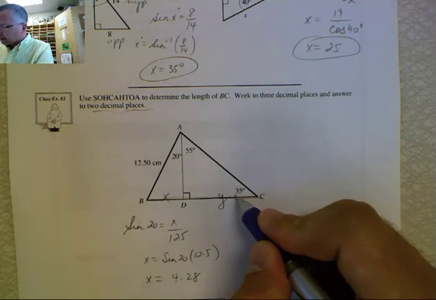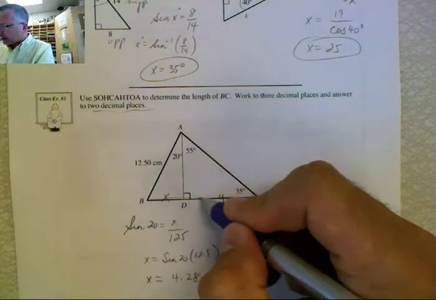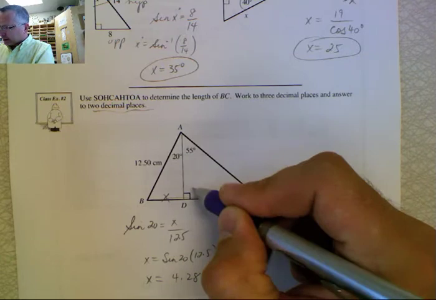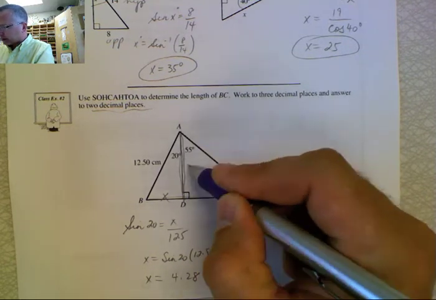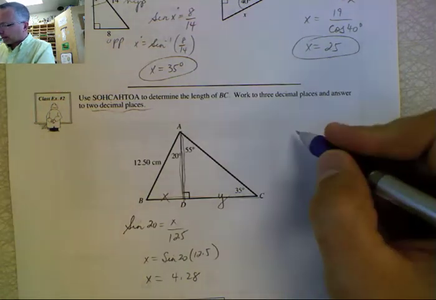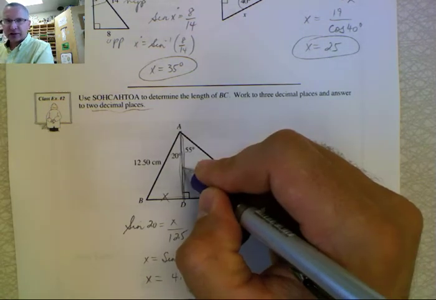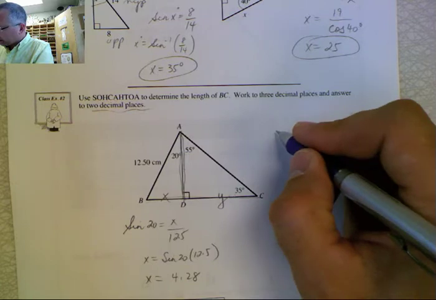If I look at this right-hand triangle, I don't know any of the sides, so I've got to find this middle side, AD, so I can use it to help me find Y. So AD is the adjacent side, and we know the hypotenuse.